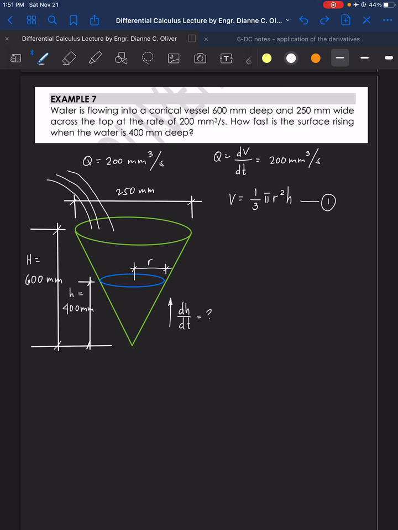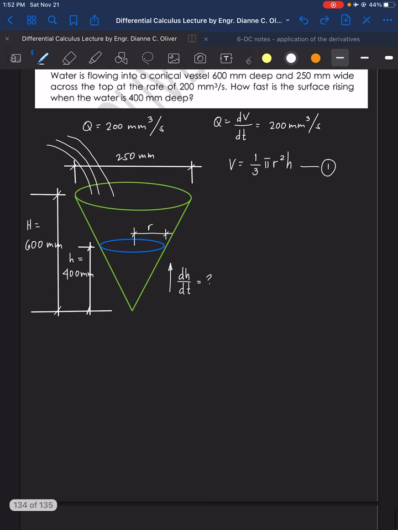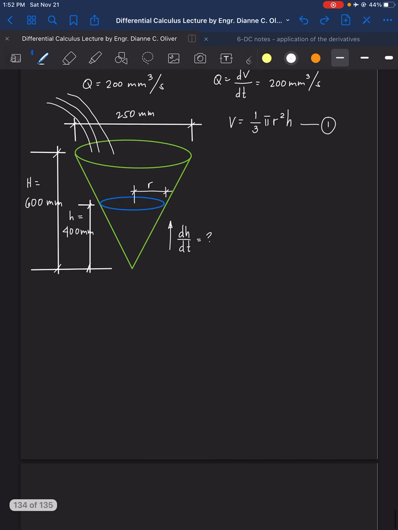Which variable are we going to eliminate? We cannot remove that because it has a value there. We cannot remove this because it is what is being asked. Therefore, we need to remove the radius. Now, to remove the radius, we need to use another equation wherein that radius is connected with the other constants and variables. So what can we use?